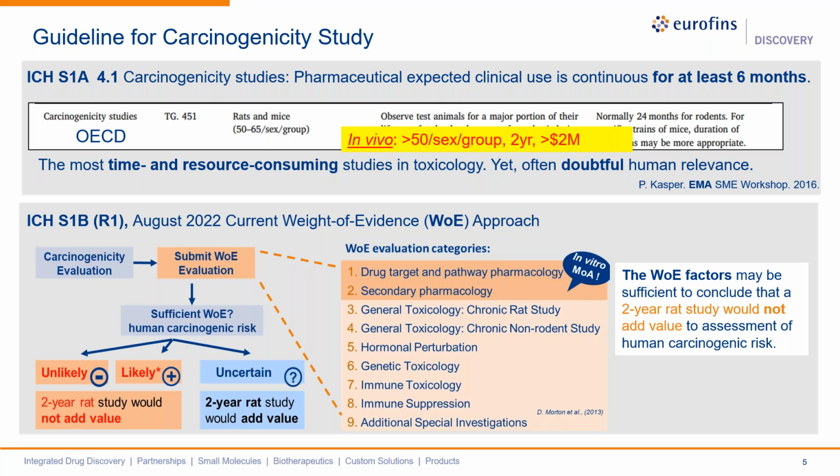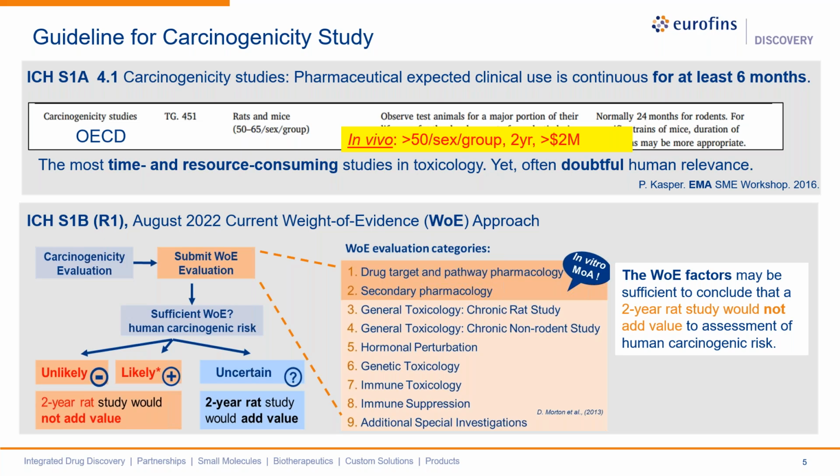For any drug expected to be used for more than 6 months, a carcinogenicity study should be conducted. Traditionally, all carcinogenicity studies follow the guidance established by ICH, which involves animal studies to determine whether the substance causes tumors, according to ICH and OECD guidelines.